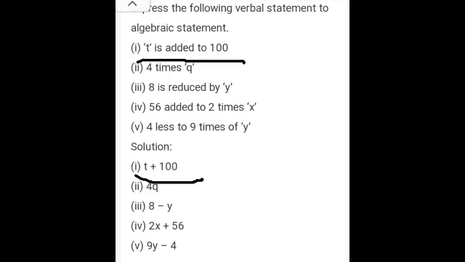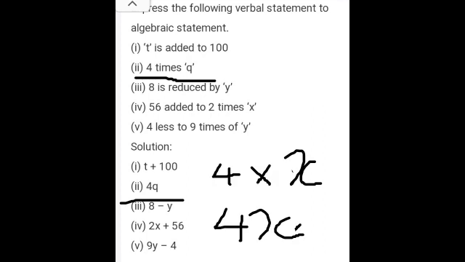Just now we learnt, the term added is used for what symbol? Added means the plus symbol. So we'll rewrite this sentence as t plus 100. Instead of added we will put plus. So what is the algebraic expression here? t plus 100.